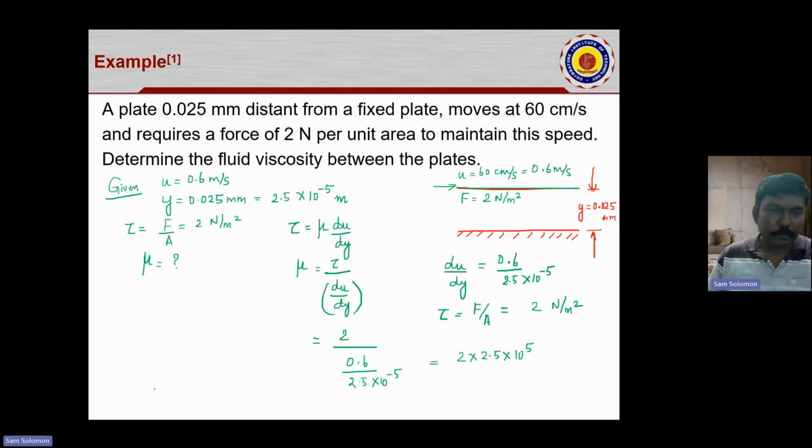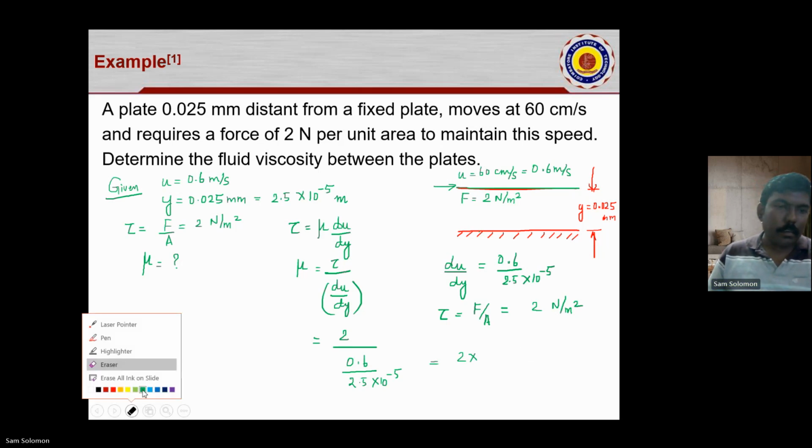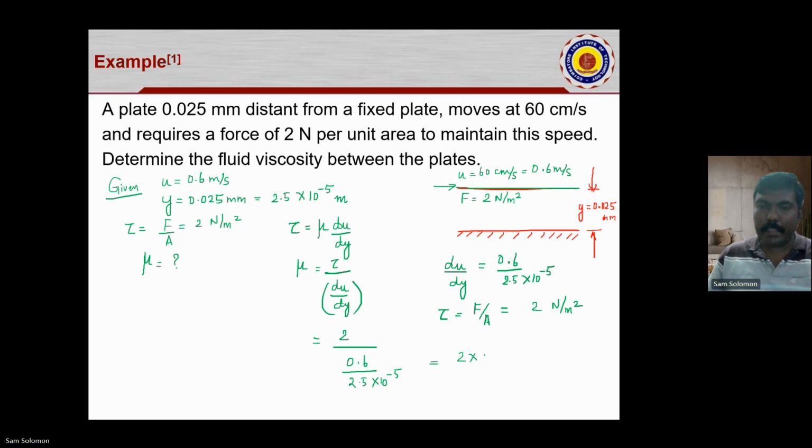Oh, sorry about that. This is going to be in the denominator. So this is 2 divided by 0.6 into 2.5 into 10 to the power minus 5.